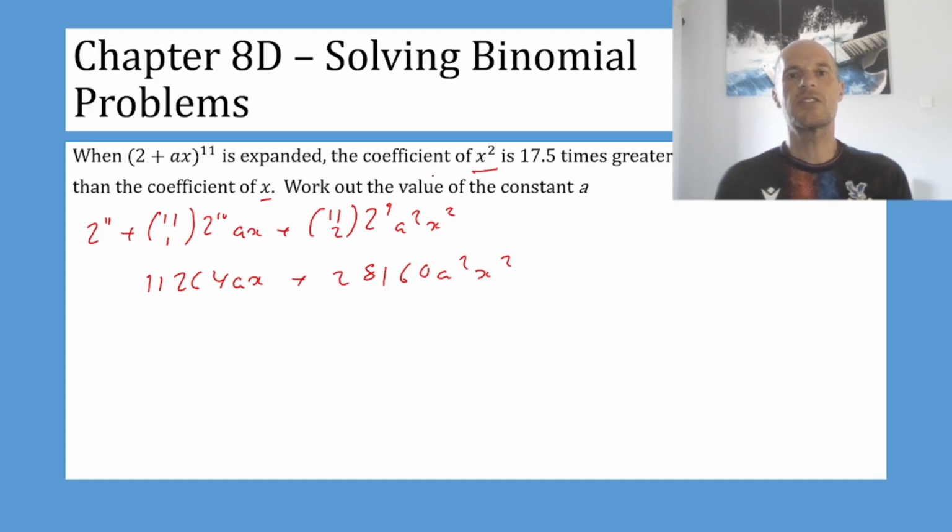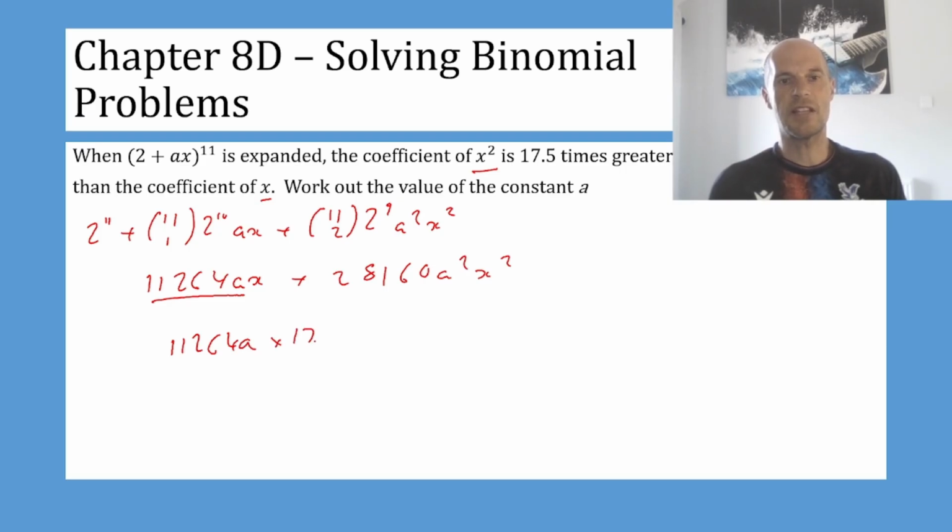Okay, so we've been told that the coefficient of x squared is 17.5 times bigger than the coefficient of x. So this part here, including the a, 11264a, when I multiply that by 17.5, is going to equal 28160a squared.